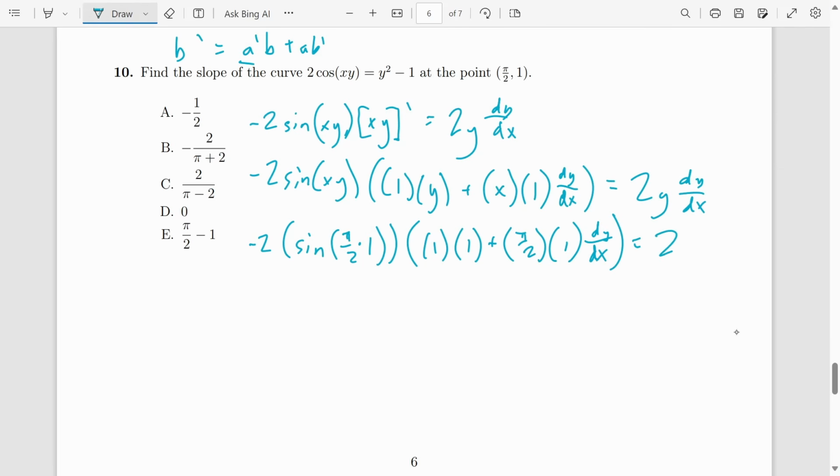So then that equals 2 times y, which is 1, dy over dx. And there we go. So now we can multiply everything out and get these dy over dx's all by themselves, and that'll be our answer. So let's see, we can multiply this.